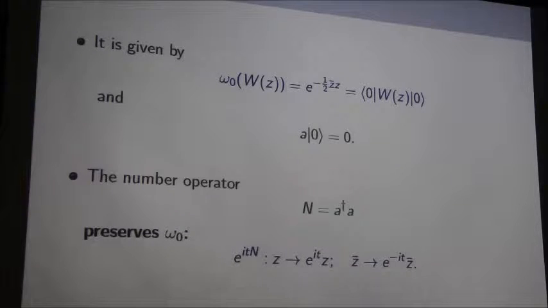Okay. Now, in the sense of a density matrix, or in the sense of a state in an algebra, we can define an omega 0 by saying that on Wz it is equal to this. But if you want to write it in terms of vector space, this is the same as the vacuum expectation value for W. This is well known, and I am using the fact that the vacuum is annihilated by the annihilation operator.